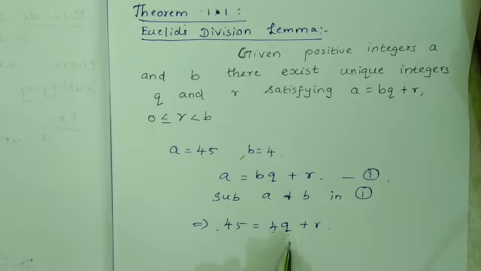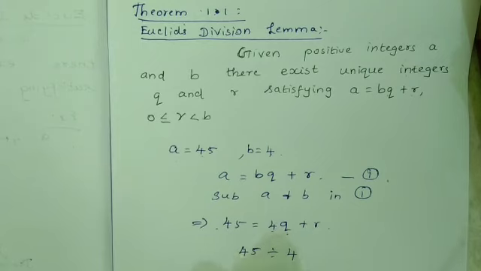So in order to find the value of q, we can divide this number 45 by 4. That means we can find the value of q easily. So 45 can be divided by 4.